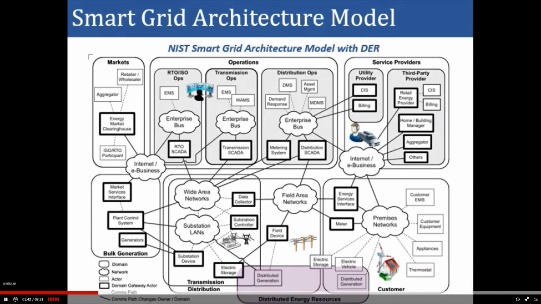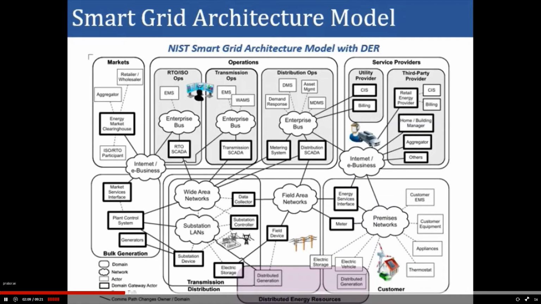And we also discussed that the devices at the customer level or at the transmission or distribution level exchange the data with various applications in the operations as well as service provider domains and maybe the market domain for the efficient operation of the power system network.